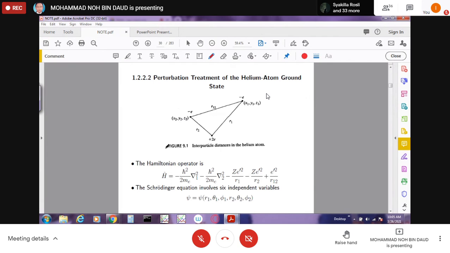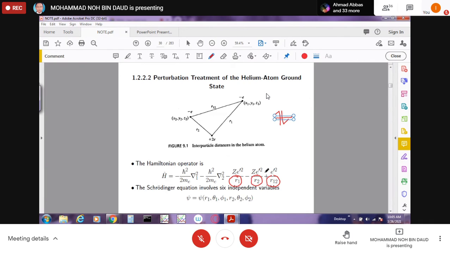Now we are going to look at this example, the ground state helium. So for the ground state helium atom, we know the complete Hamiltonian operator, the non-relativistic Hamiltonian operator, which only depends on the spatial coordinates. This is spatial coordinate. This is spatial coordinate.